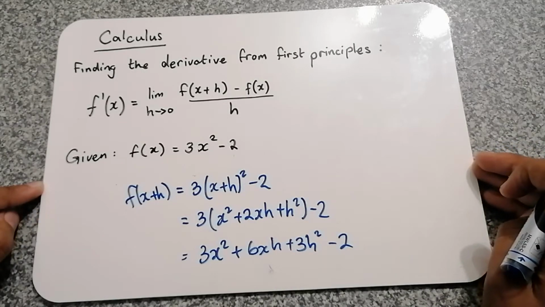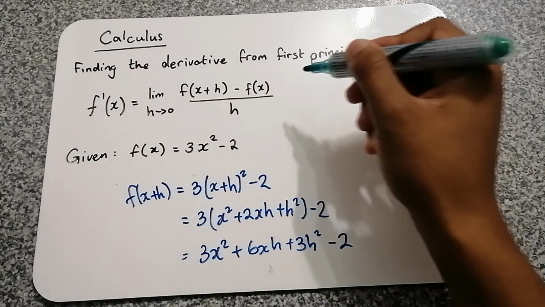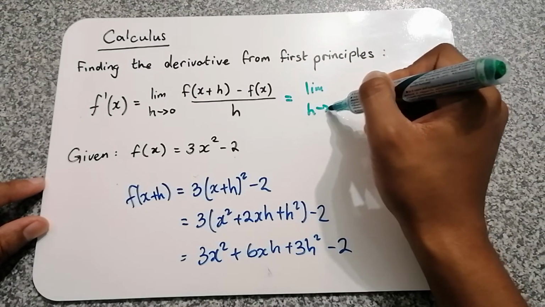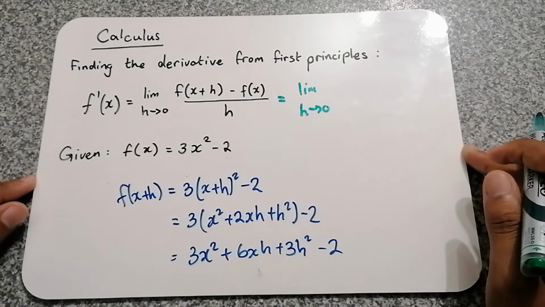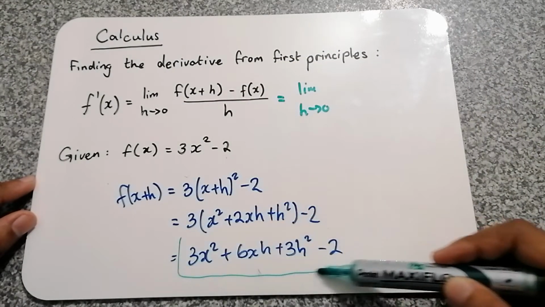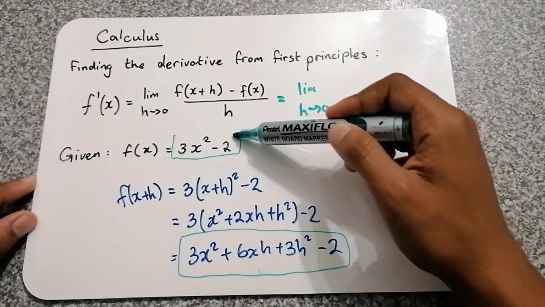So now we're going to substitute this into our derivative formula. Let me first rewrite this limit as h approaches 0. I'm going to substitute this f(x + h) with this piece over here, and then I'm going to substitute the f(x) with that piece over there.